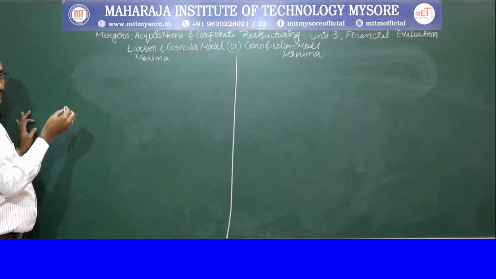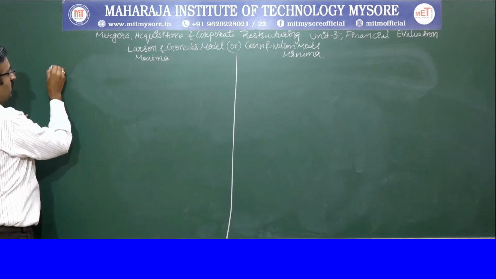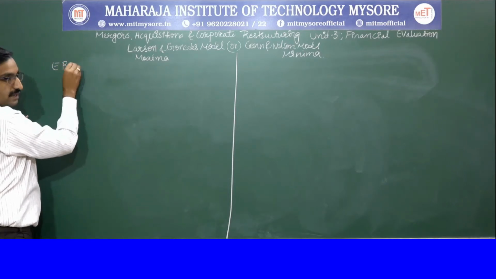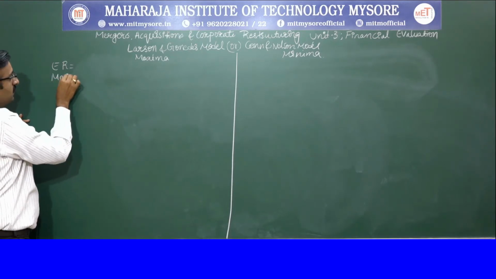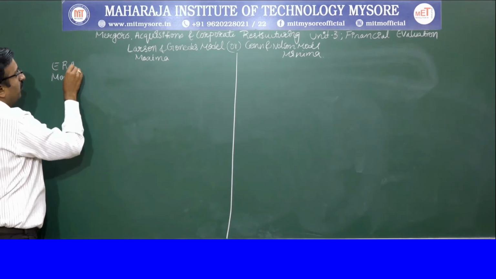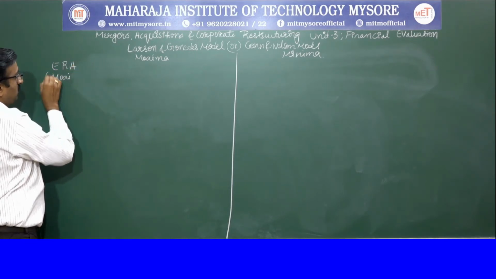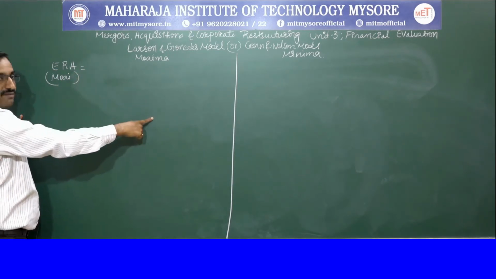So apply the formula for this exchange ratio. Exchange ratio is equal to, what is the formula we apply for maxi? This is meant for which company? It is meant for A company. It's maximum, so we apply the formula I have written before.